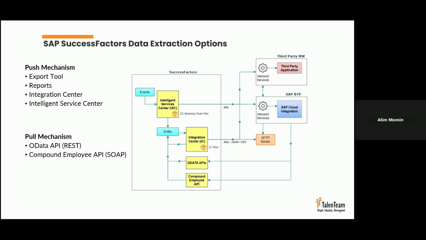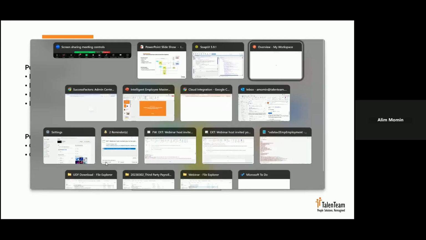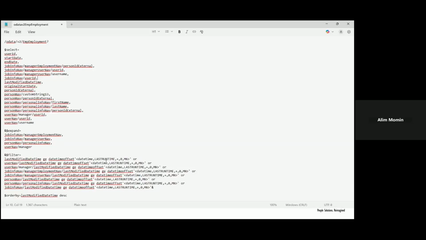Okay. So I have a typical example which shows how OData API can be extracted. Let's say I am fetching data from a particular table in SuccessFactors. You can call it an API entity or you can call it a table. I'm just trying to keep it simple.